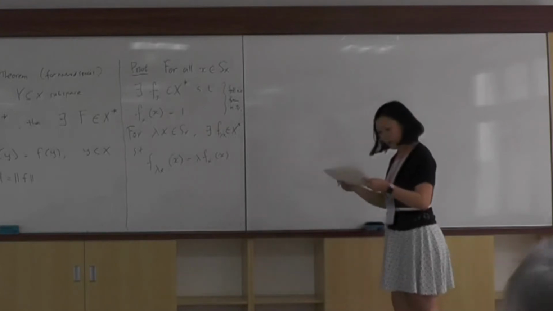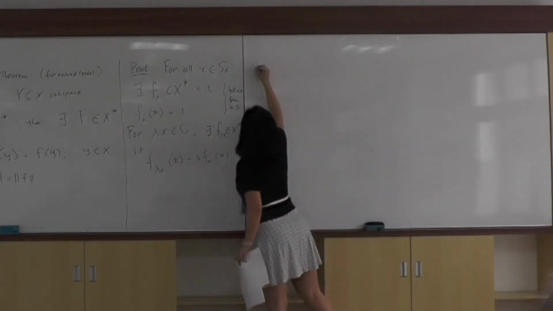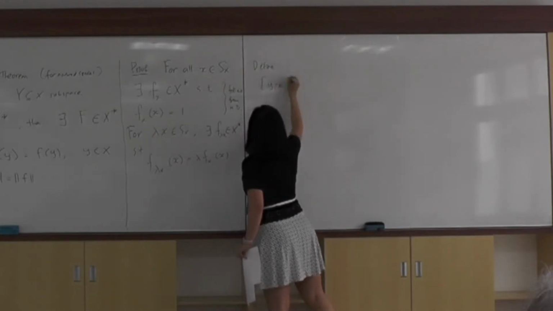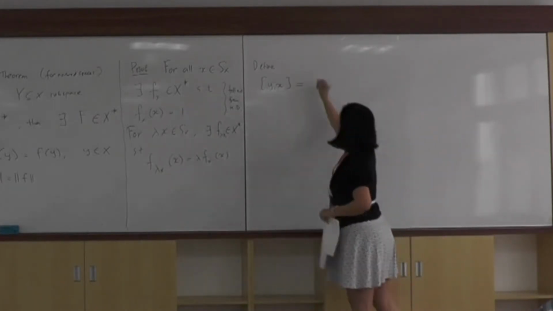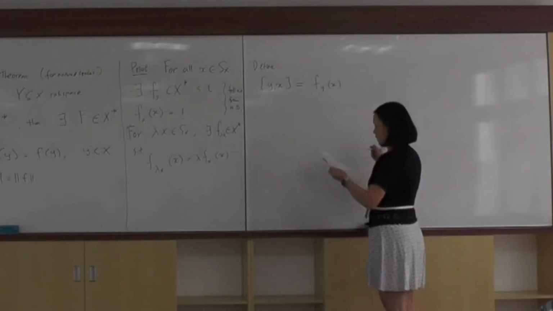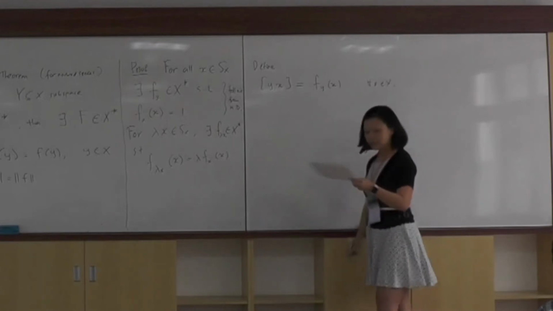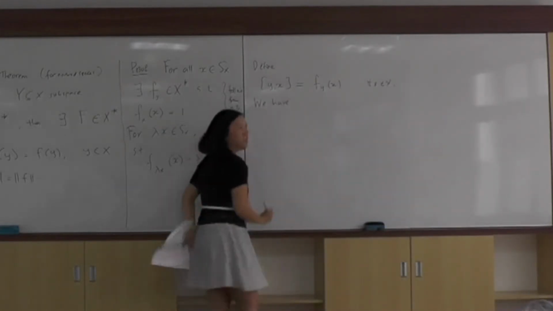Okay, so I'm choosing all these functionals, and then I define my candidate for my semi-inner product to be the following. This is for all x. You can check very quickly, is this a semi-inner product?